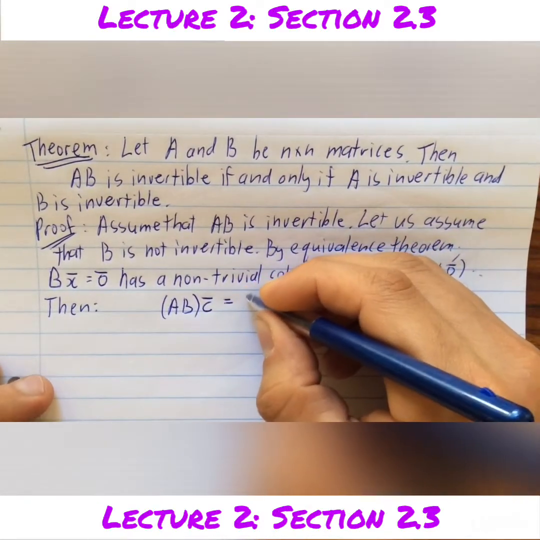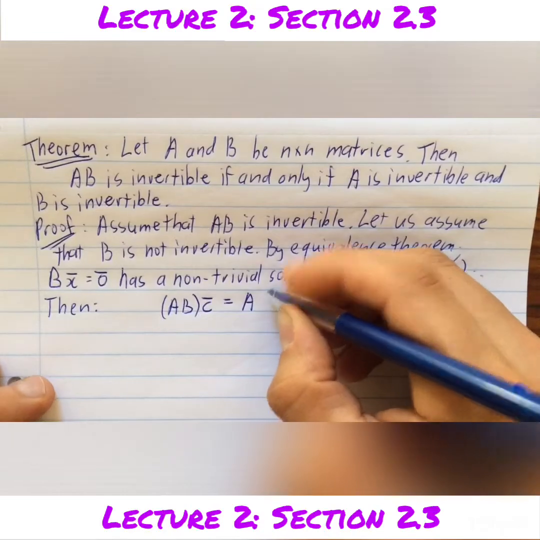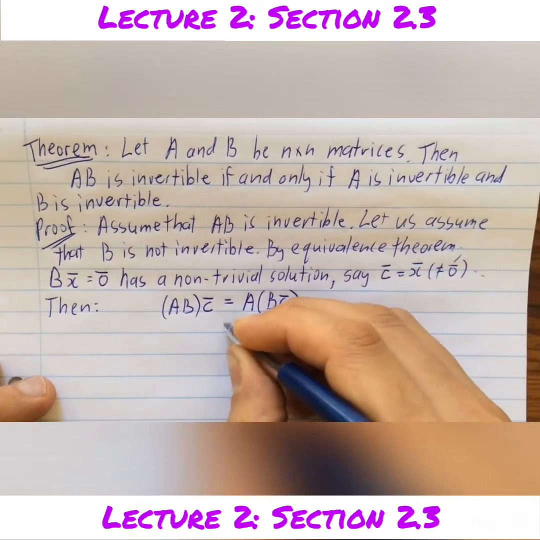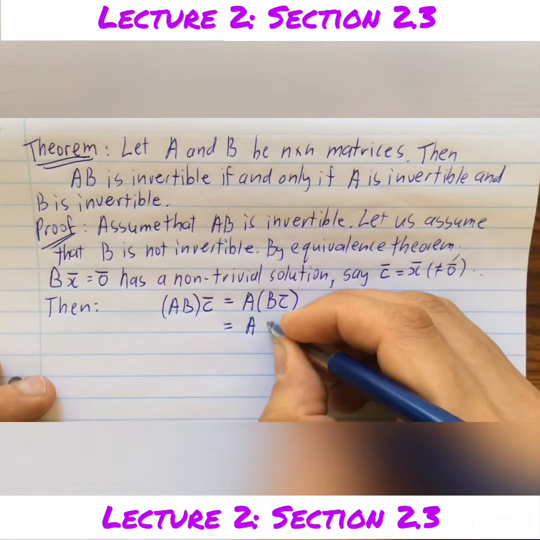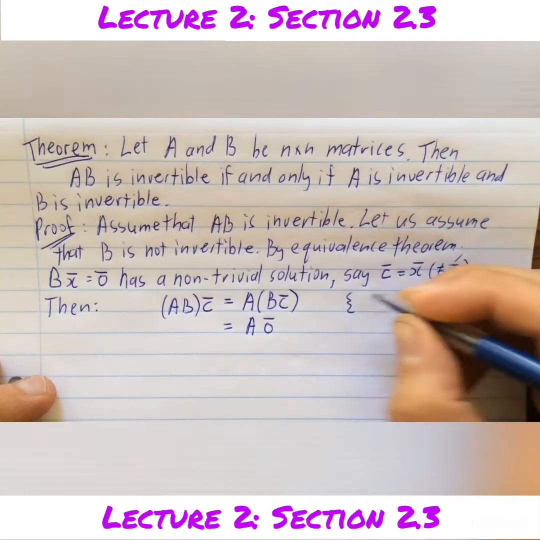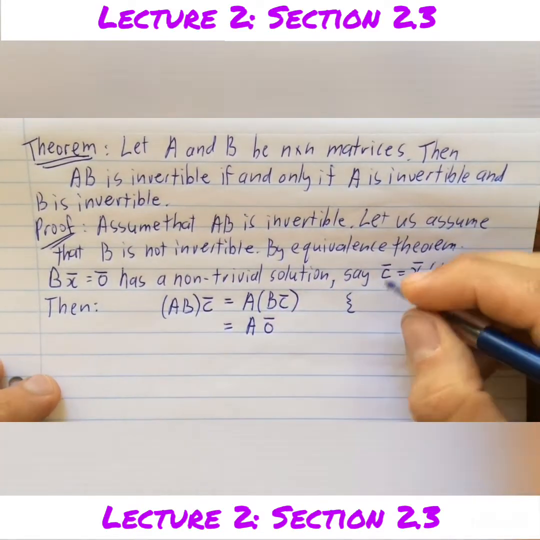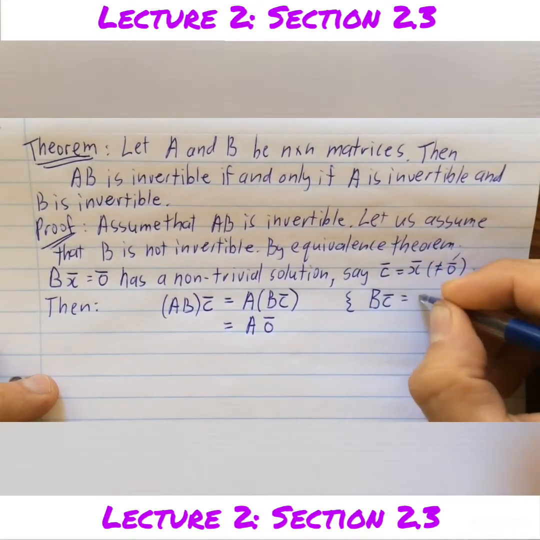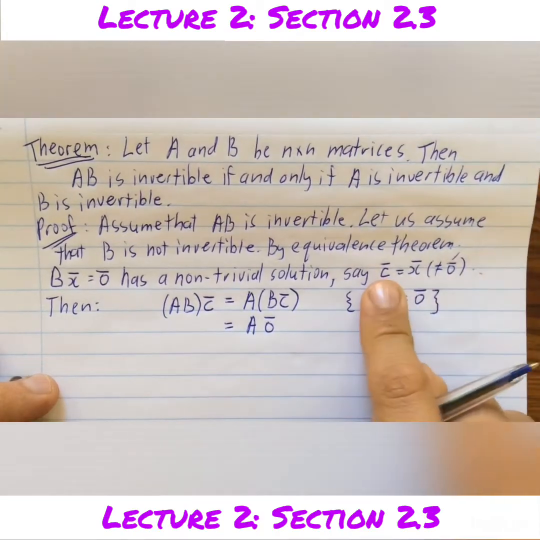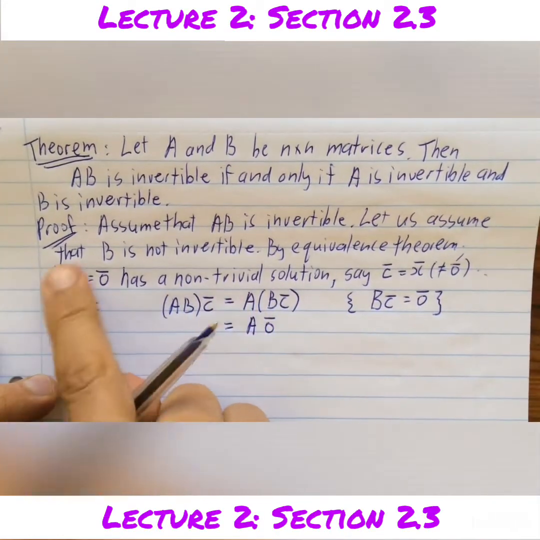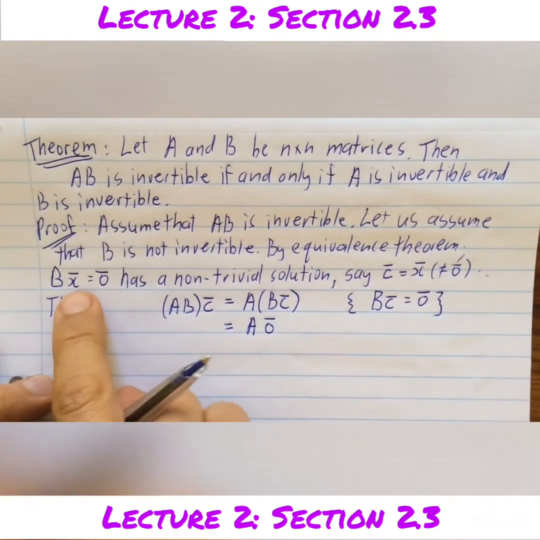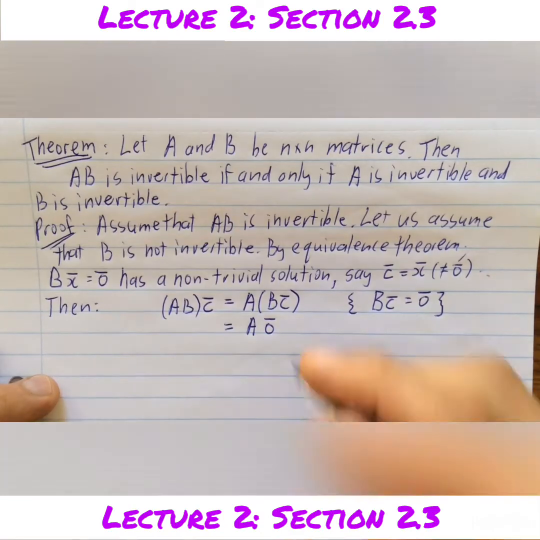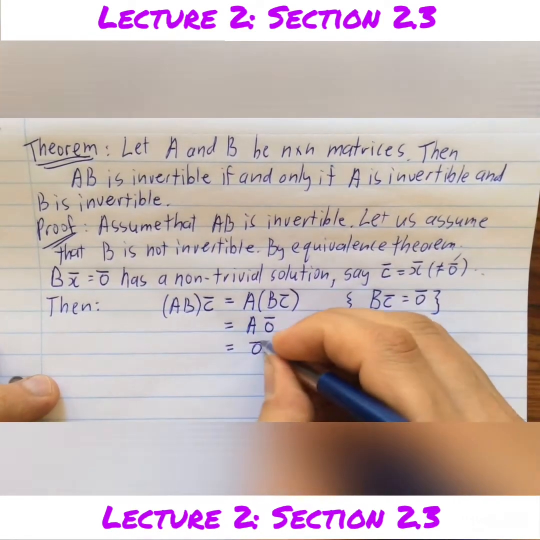Because of associativity, we can group B and C together. What does that become? That becomes A times the zero matrix. Why is that true? Because BC is zero. Remember, C is a non-trivial solution to this equation, so if I plug that C in for X, that is going to be the zero matrix. And A times the zero matrix is a zero matrix.